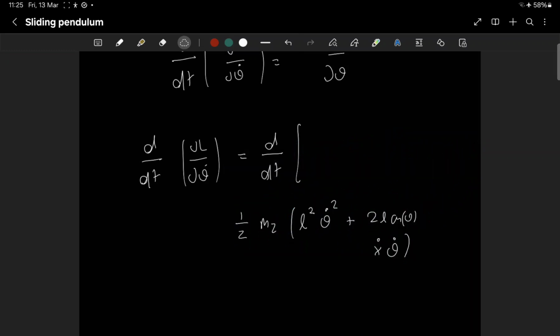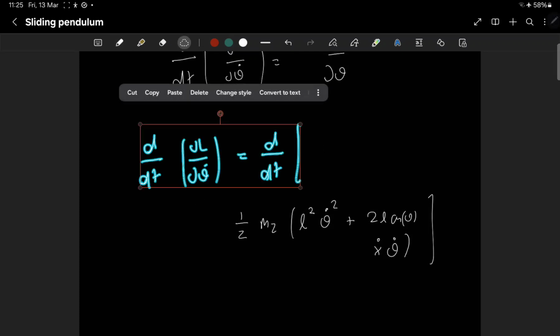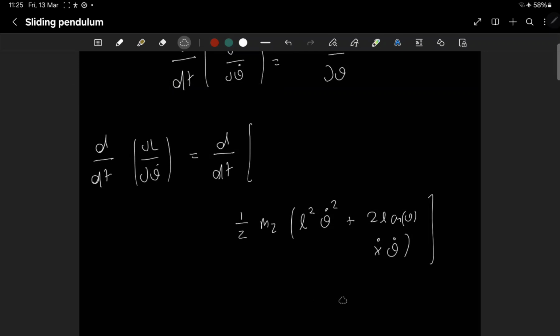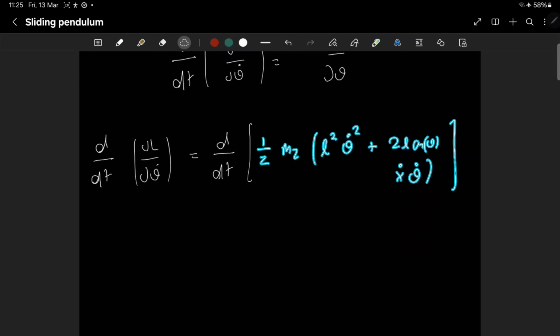Well, let's do it like this. Okay, so let's do this a bit nicer. Let's move this over here, and then we take this and move it like here, right?